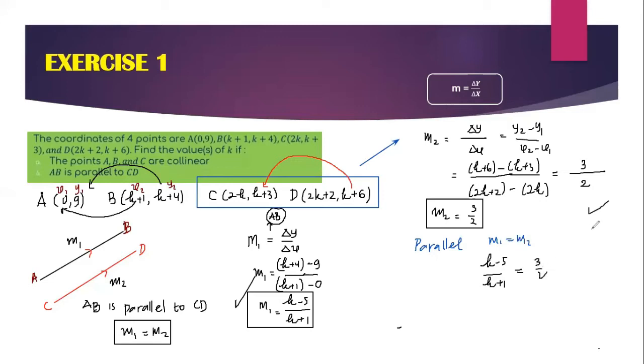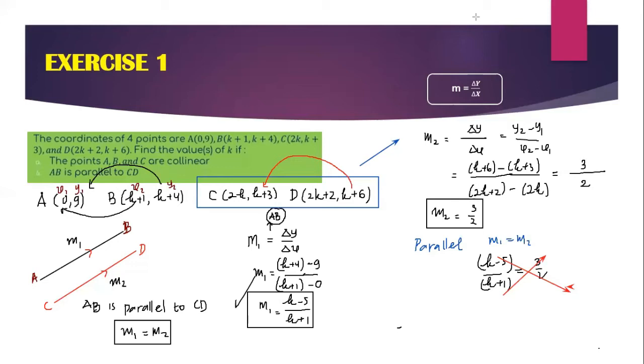Don't forget to put the brackets to avoid any mistake. By cross multiplying, the first diagonal and the second diagonal, we go to the solution.